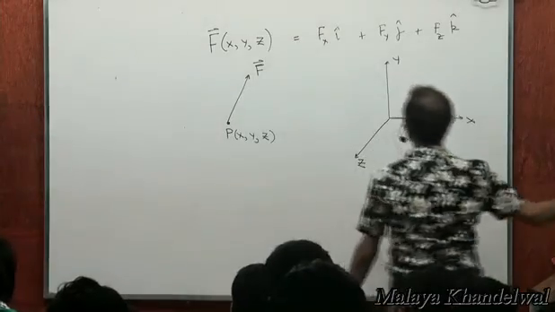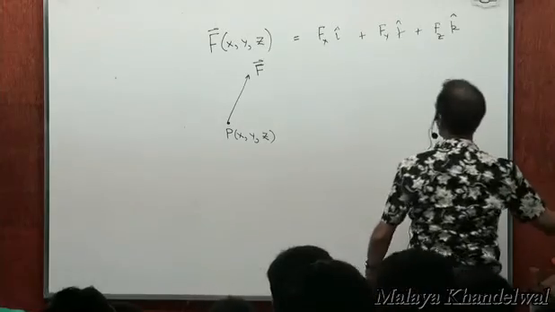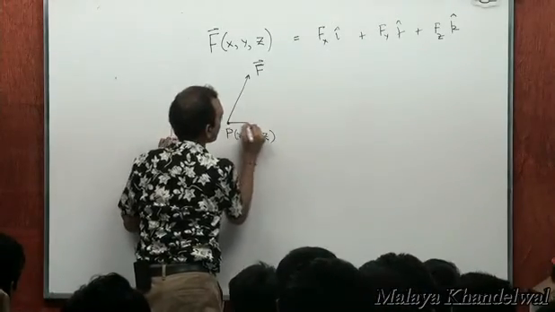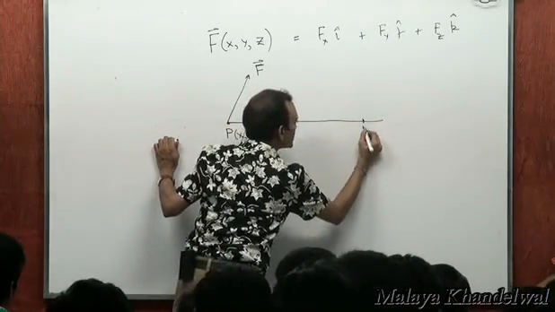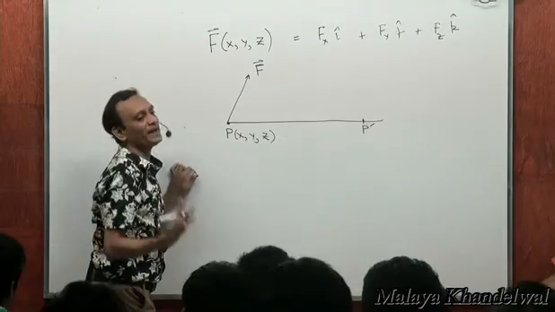Okay, so now let's say the particle is moved to P prime, where its y and z remain the same.